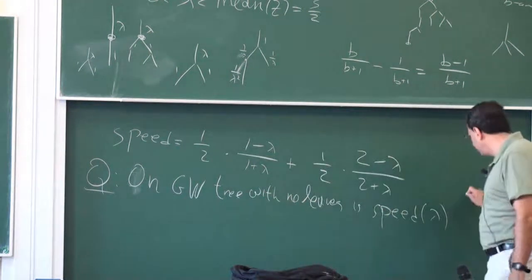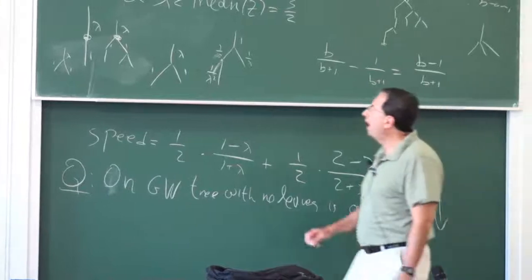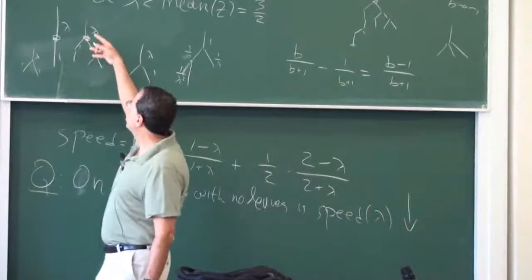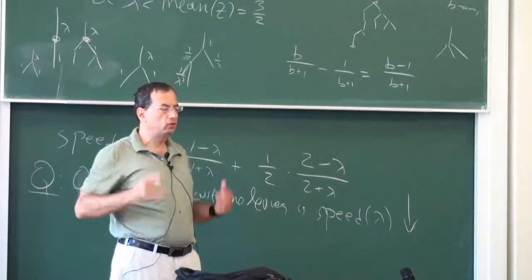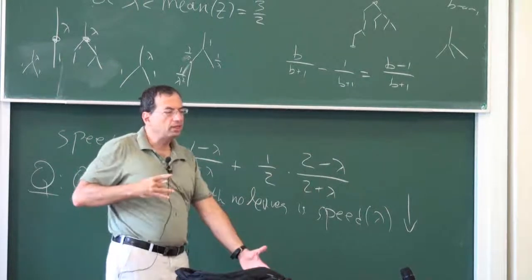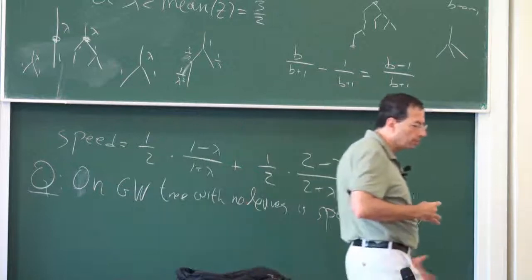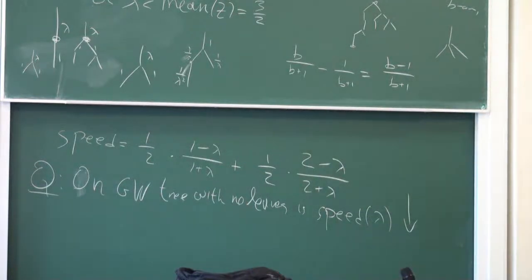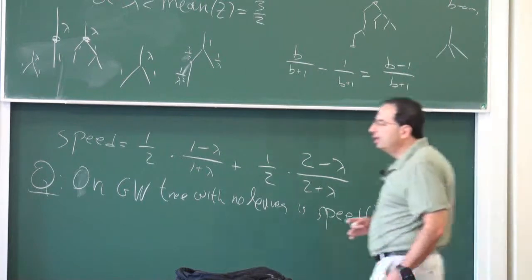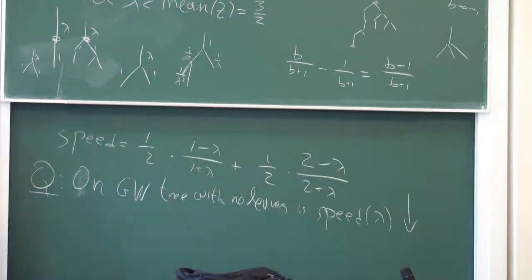And of course, we expect the speed to be decreasing, because as you increase lambda, you're increasing the weight of going towards the root. The process is still going to infinity, but it should go slower and slower as lambda increases. But we don't know it, and until last year, there was really no progress on this question for 16 or 17 years.